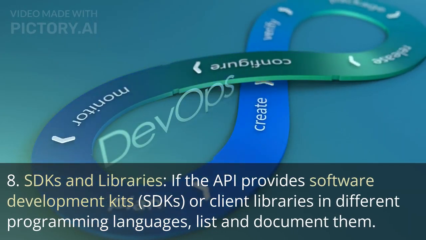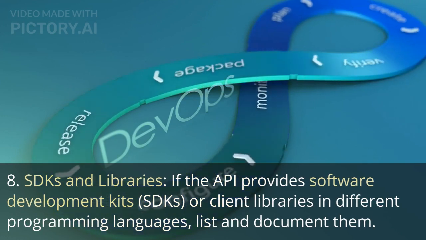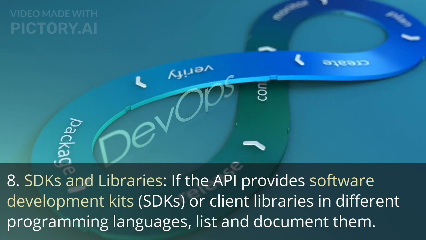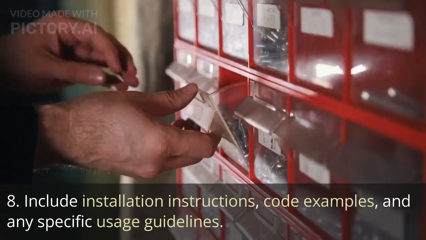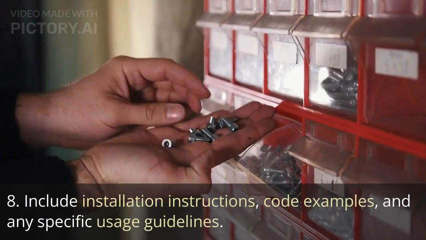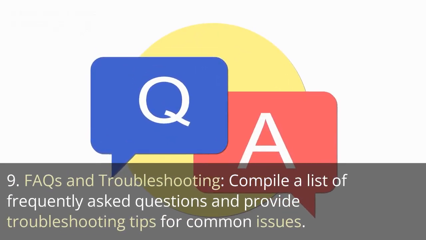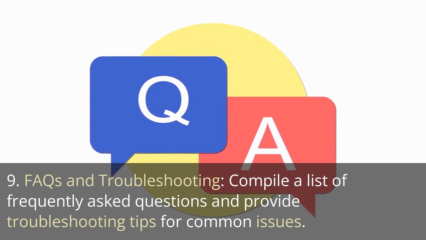8. SDKs and libraries. If the API provides software development kits, SDKs, or client libraries in different programming languages, list and document them. Include installation instructions, code examples, and any specific usage guidelines. 9. FAQs and troubleshooting. Compile a list of frequently asked questions and provide troubleshooting tips for common issues.